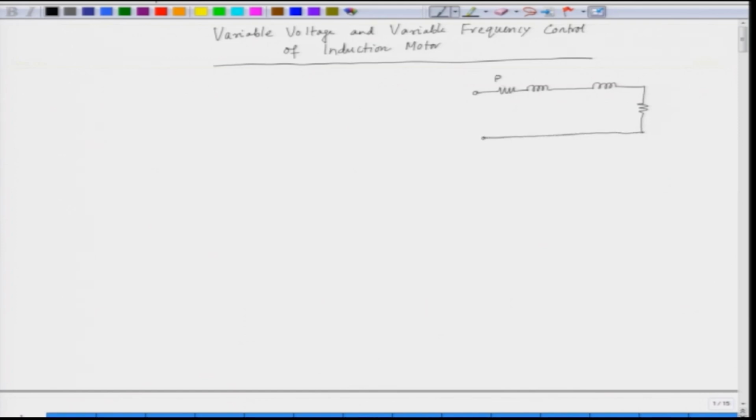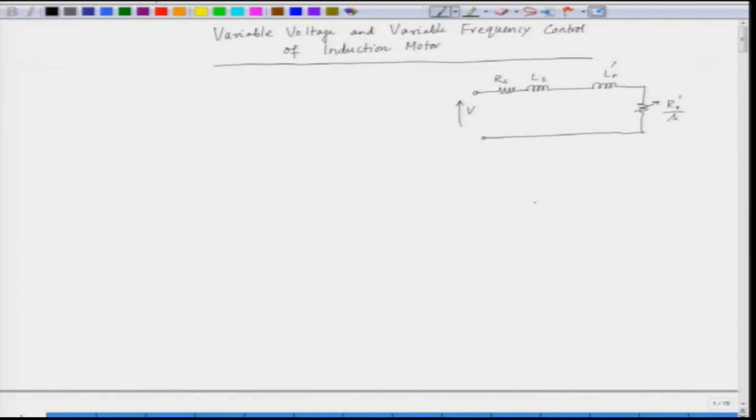Here this is R s, this is L s and this is L r prime referred from the primary side and this is R r prime by S. The applied voltage here is V.